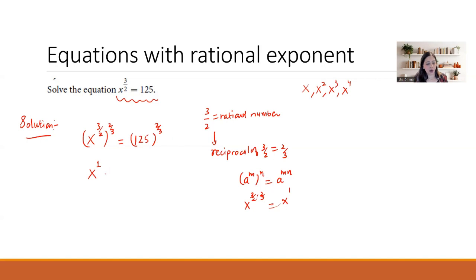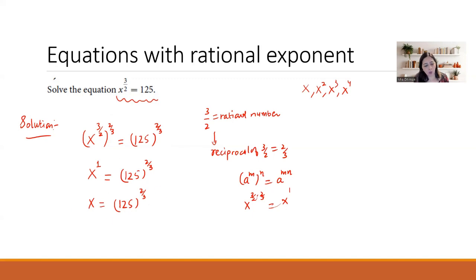So x raised to power 1 is equal to 125 raised to power 2 over 3. And x raised to power 1 means x. So you got the solution. Now you understand why we choose the reciprocal of the existing rational exponent for the new power, because we wanted to get x raised to power 1. And that's it. This is the final solution.